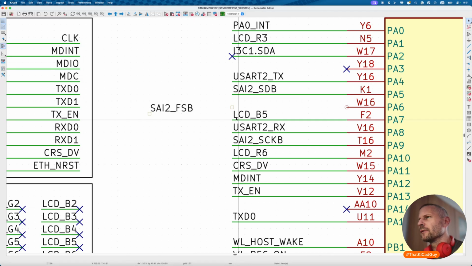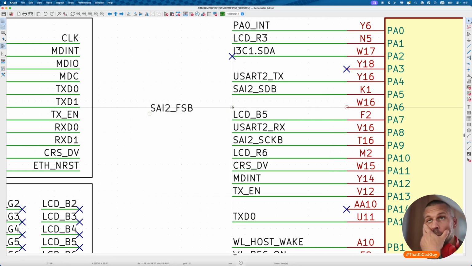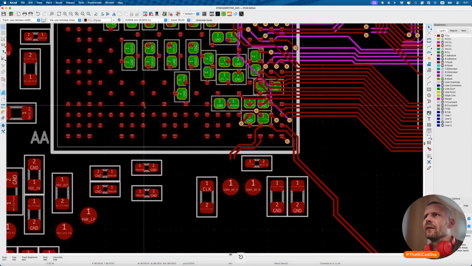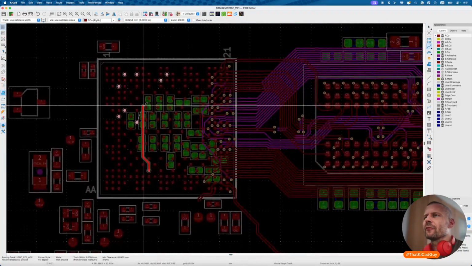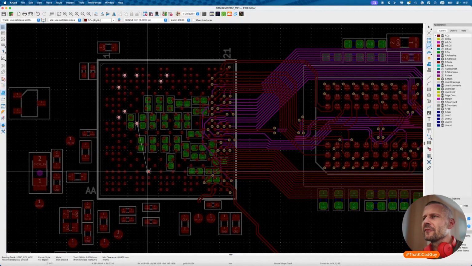Empty label. Yeah, as I said, I can delete the empty label from all the, I don't know, 8 nets from here, but it's not a definitive solution.